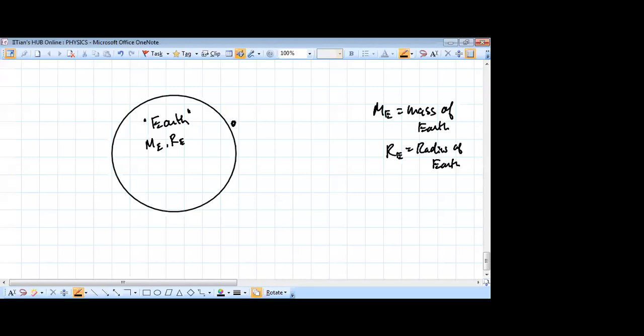Now, any body placed on the surface of the earth of mass M will experience a gravitational force towards the center of the earth. That is why that force appears to be vertically downwards. The weight of that body, W, which we write, this is your horizontal plane, tangent to the surface at that point. So it acts vertically downwards.